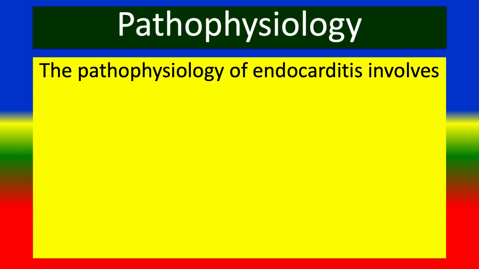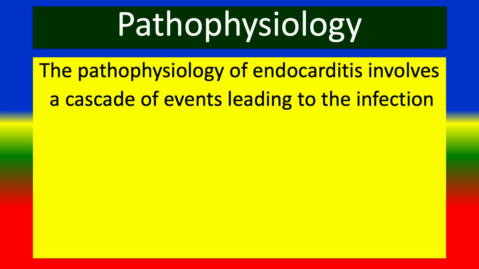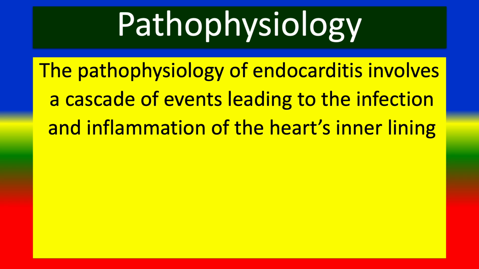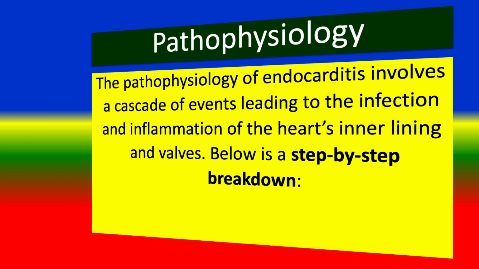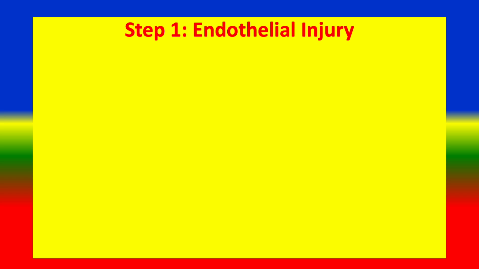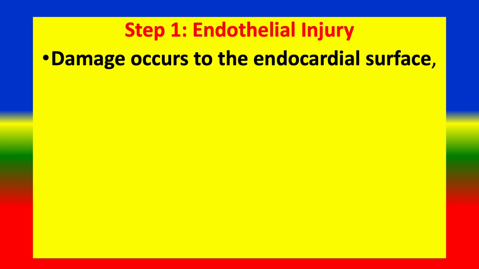Pathophysiology. The pathophysiology of endocarditis involves a cascade of events leading to the infection and inflammation of the heart's inner lining and walls. Below is step by step breakdown. Step 1, endothelial injury.